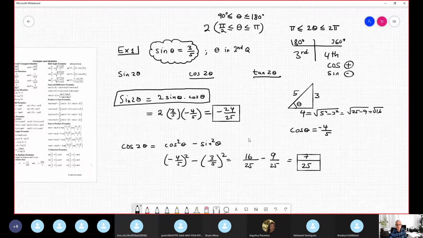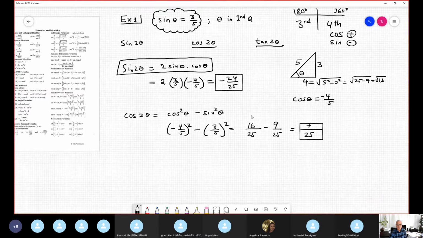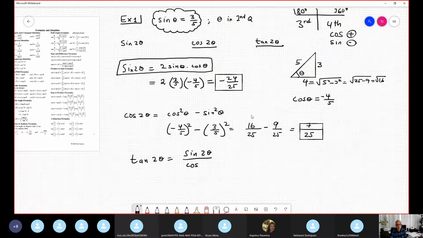Tangent, well, okay. I can use the famous quotient identity, tangent theta is sine theta divided by cosine theta. So basically this trigonometric identity is valid for any angle, and no exception for the double angle.